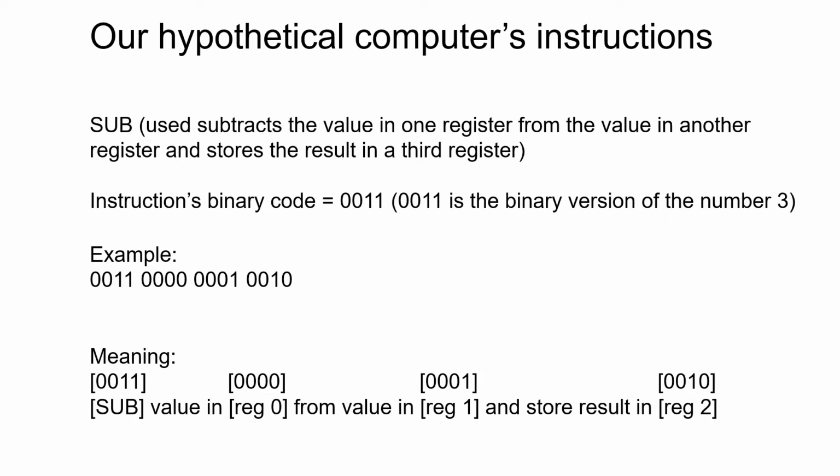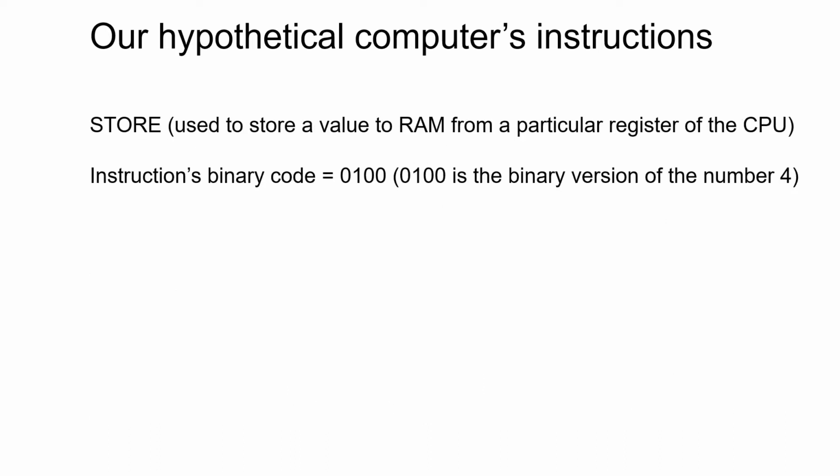Now let's consider our final instruction. Store, used to store a value to RAM from a particular register of the CPU. The instruction's binary code is 0100, and 0100 is the binary version of the number 4.